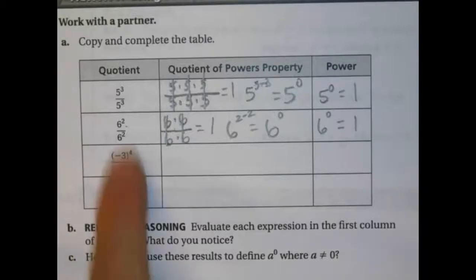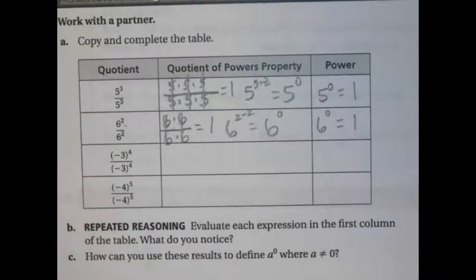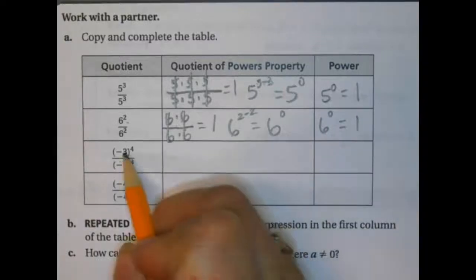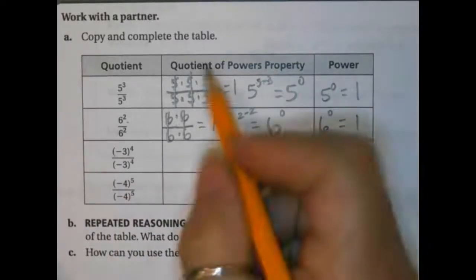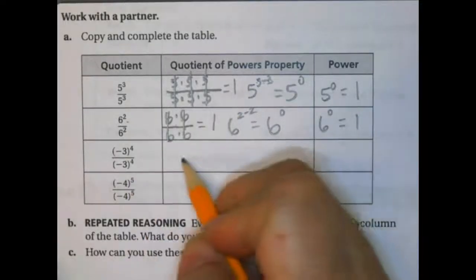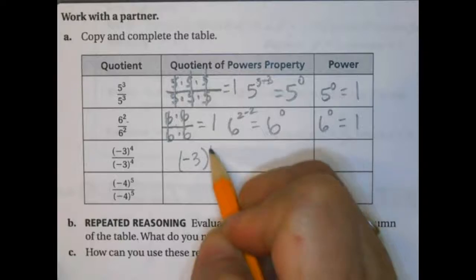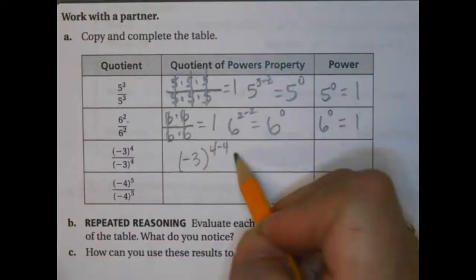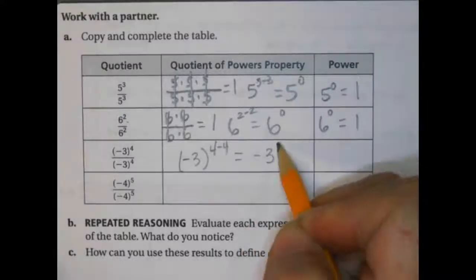Any questions, comments, or concerns? No? Go ahead and do the next two on your own. Make sure you have all of these copied down. All right, so hopefully you guys all did the same thing. So this is negative 3 to the 4th. I don't like this method personally, so I don't like to use it. I think it's easier for me to just do the negative 3 to 4 minus 4. Saves a lot of time for me, which is negative 3 to the 0.